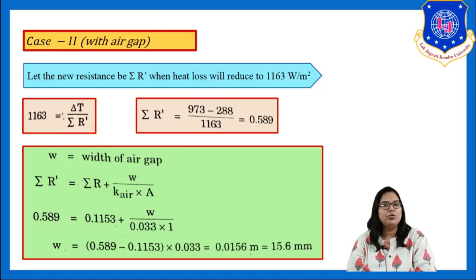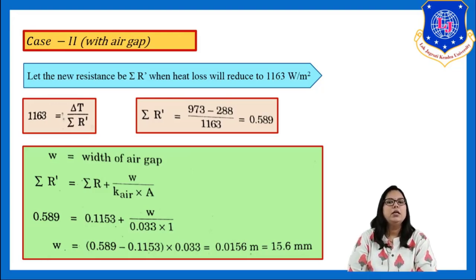So it is equal to 0.0156 meter, and usually we write the thickness value in mm. So the thickness of the air gap will be 15.6 mm. This is the solution of case 2 including the air gap.